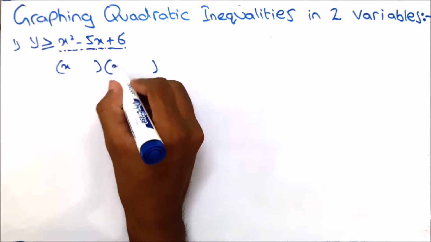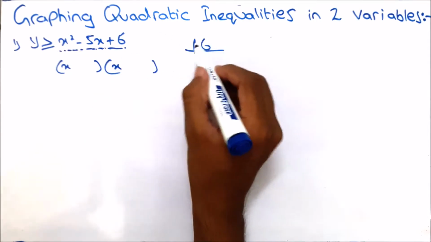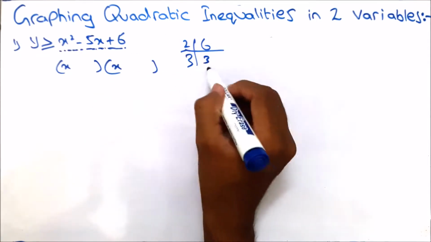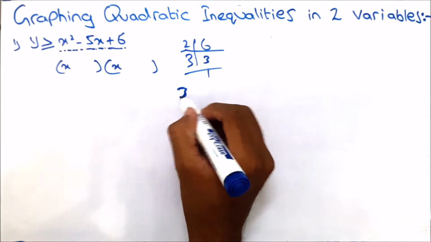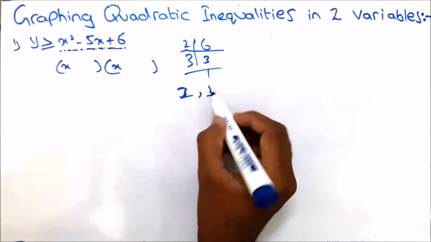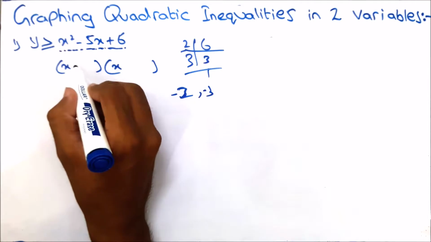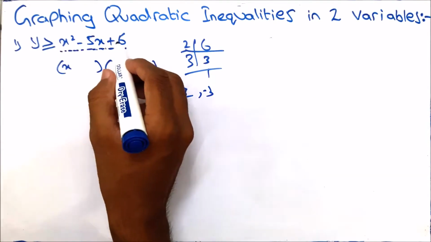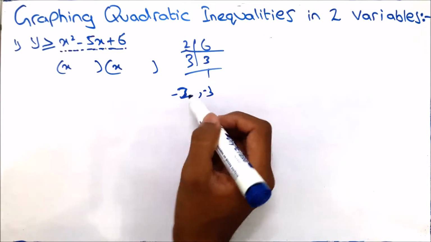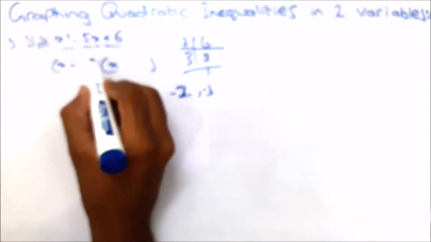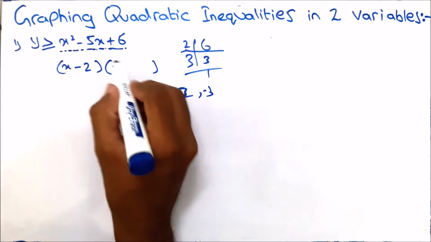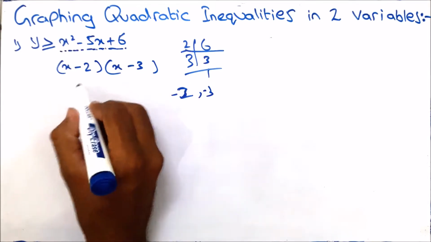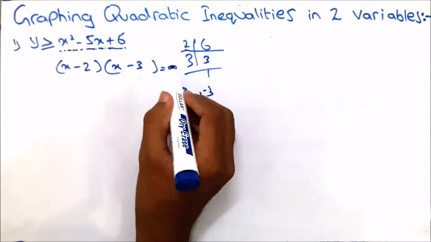I have x here, and I'll take the factors of 6: 2 times 3, and 3 times 1. Okay, I have 2 and 3. When I add minus 2 with minus 3, I get minus 5x, and when I multiply them, I get a positive 6. So I can use these two numbers. I have x minus 2 and x minus 3 equal to 0.